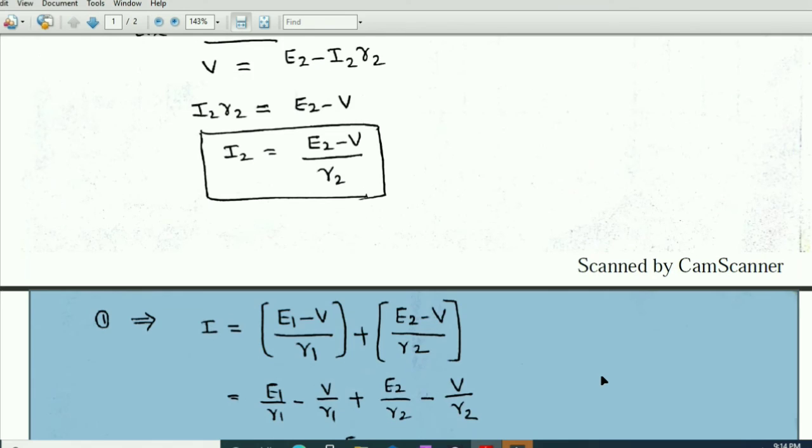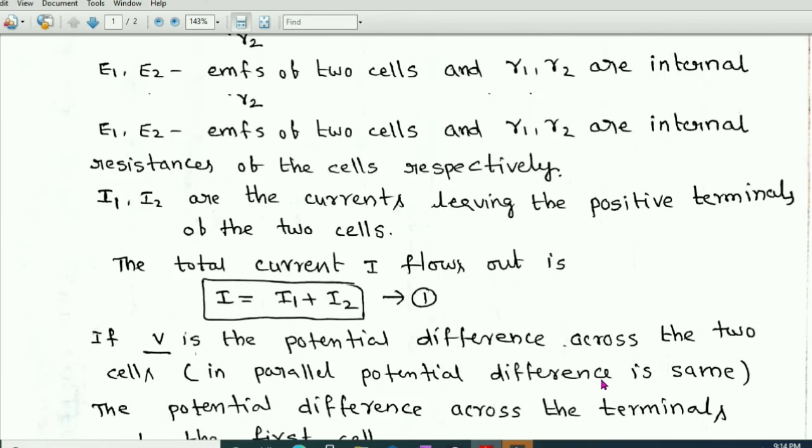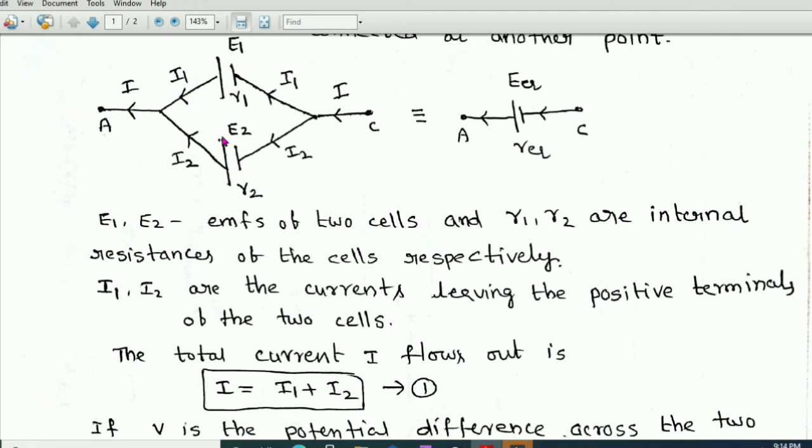Now the parallel combination of the two cells: here two cells are connected in parallel. The parallel combination of the two cells is replaced with a single cell, that is the equivalent cell. The EMF of the cell is Eeq, and the internal resistance of the cell is Req.